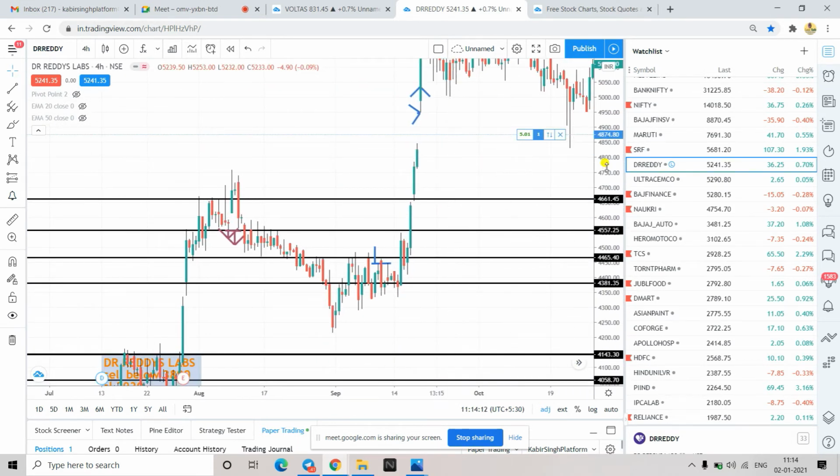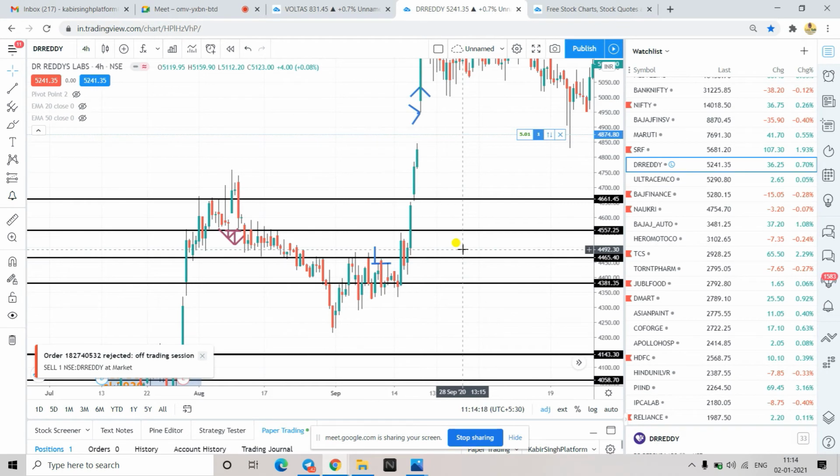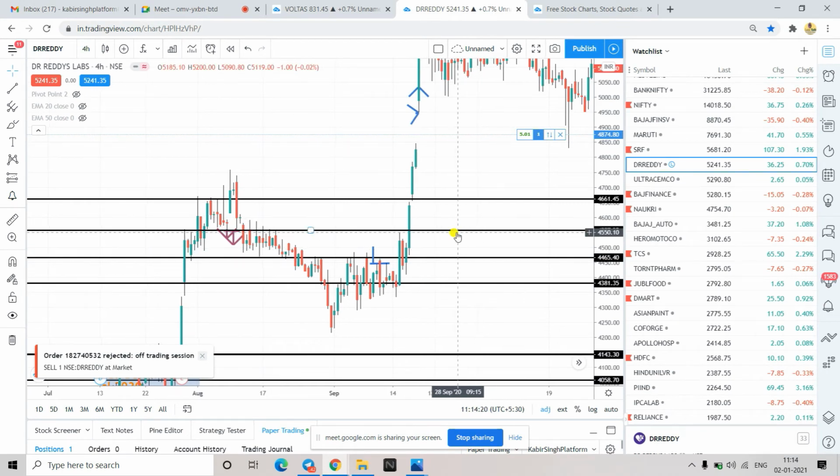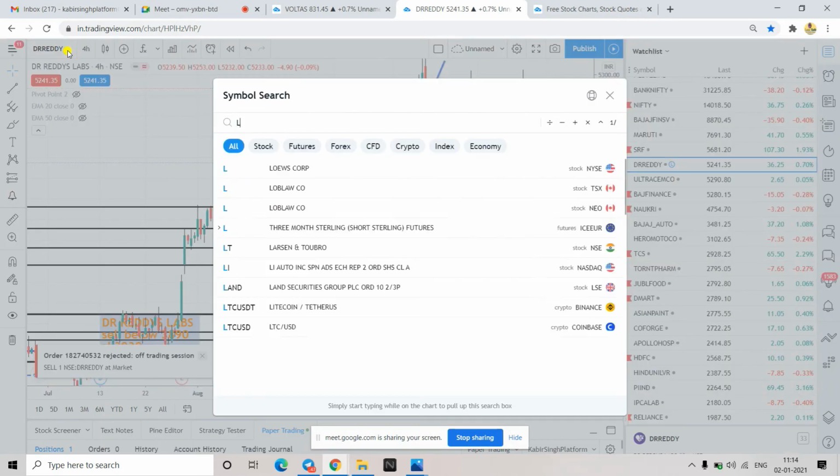So what I was telling is, we'll see about this cup and handle pattern now. This is one of the very good patterns if you spot it.